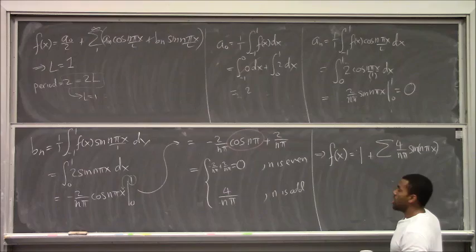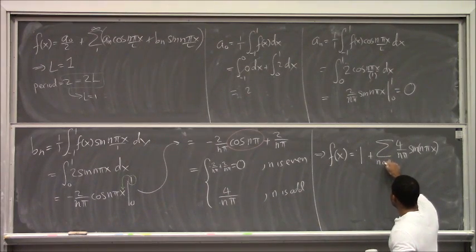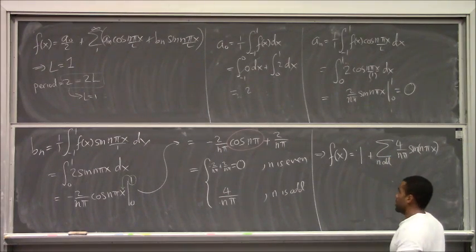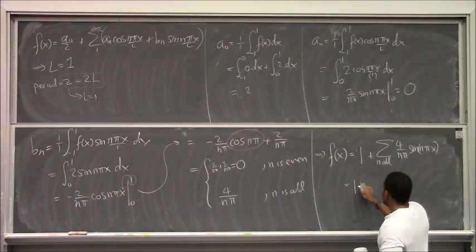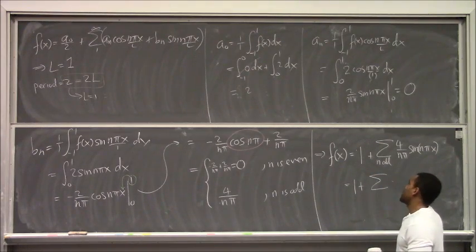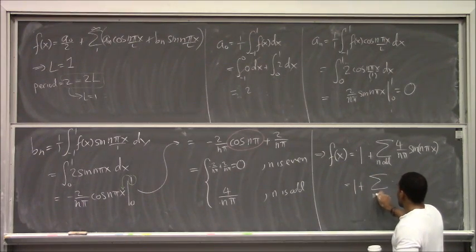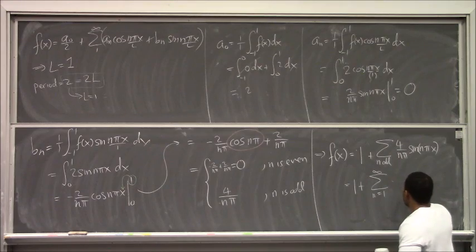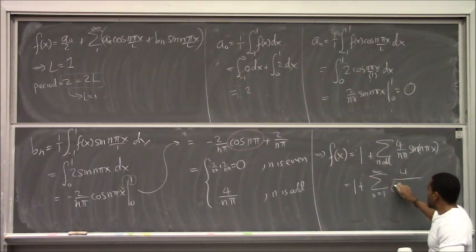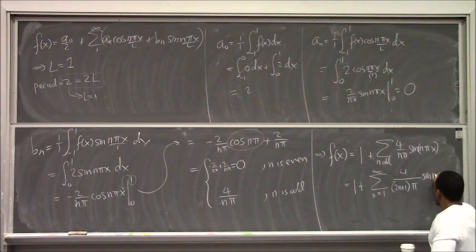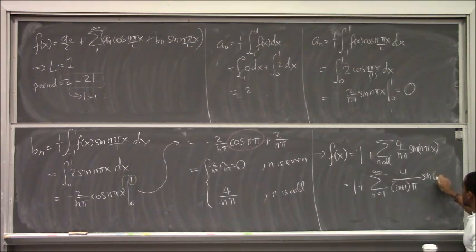This doesn't work for all n's, it works for n odd. Another way to write this is n goes from 1 to infinity, but instead of n, write 2n plus 1 x. And that's only going to give you odds all the time.